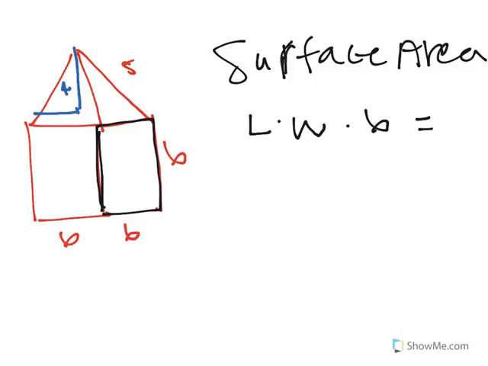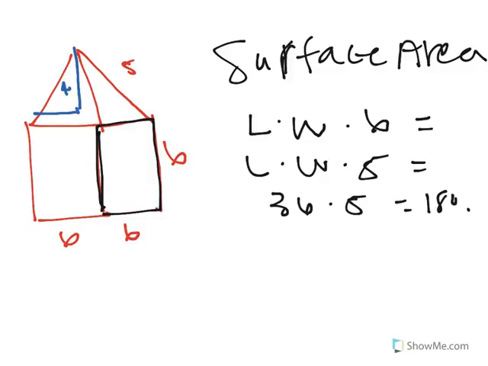However, in this case, we don't include the square on the top because the pyramid's on top of that. So it should be length times width times 5, which is equal to 36 times 5, which is equal to 180 feet squared.